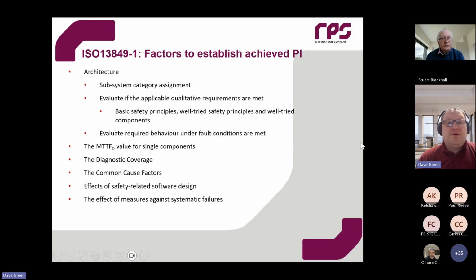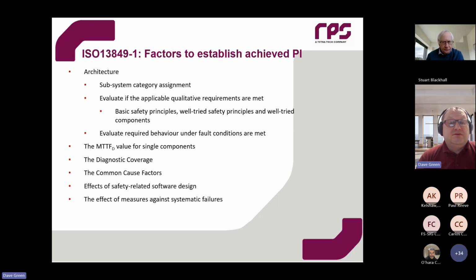These are the factors that we now need to work out and document to say we've achieved our performance level. So architecture, so the subsystem category assignments, so the categories and the design still exist in 13849 part 1, and then it helps us align to each of the performance levels. We've got to evaluate that applicable qualitative requirements are being met, like basic safety principles, well-tried principles, well-tried components that we saw in the 62061 architecture review, and evaluating the required behaviour under fault conditions, making sure they're met from what we write as our requirements.